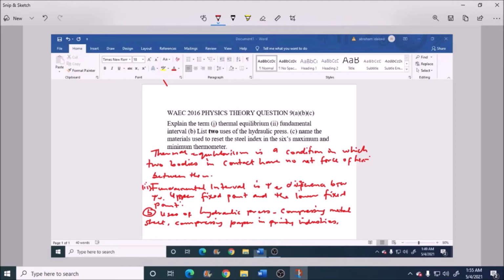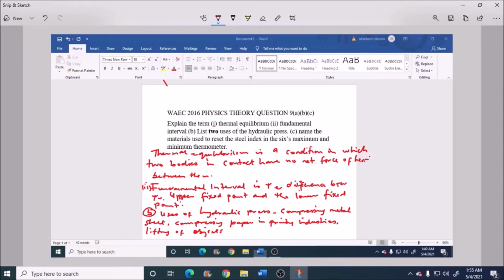Okay, hydraulic press can also be used for compressing soft materials into bales.